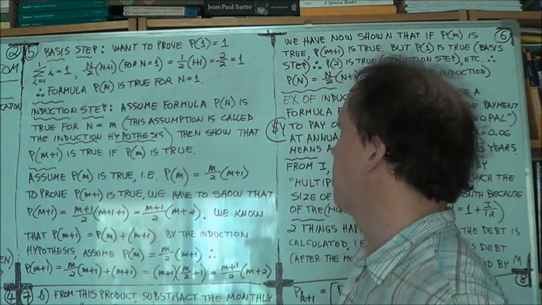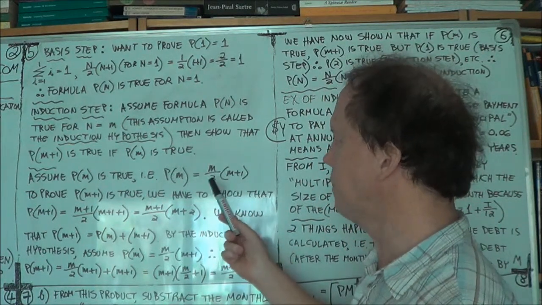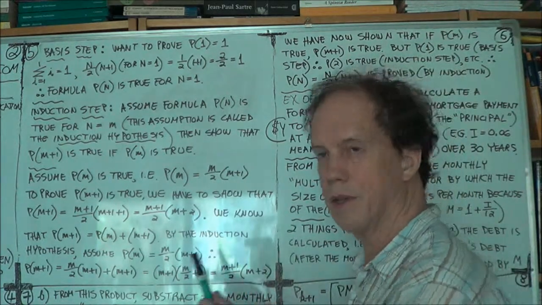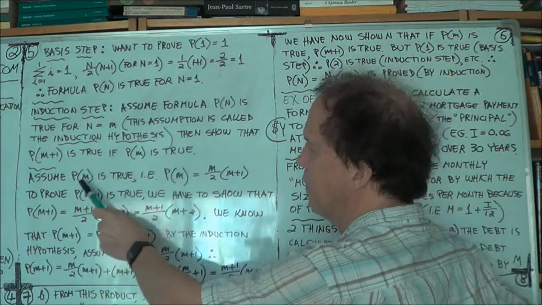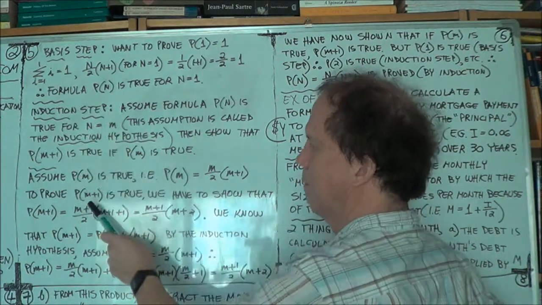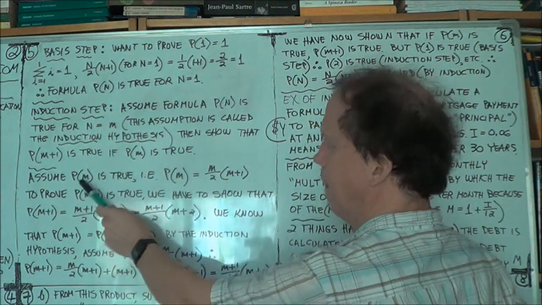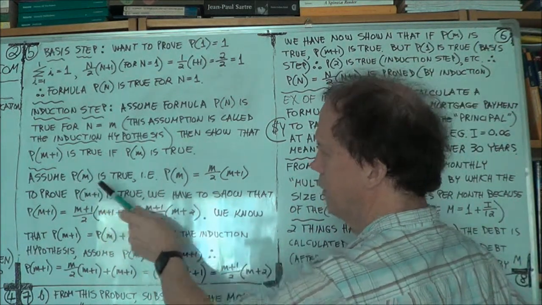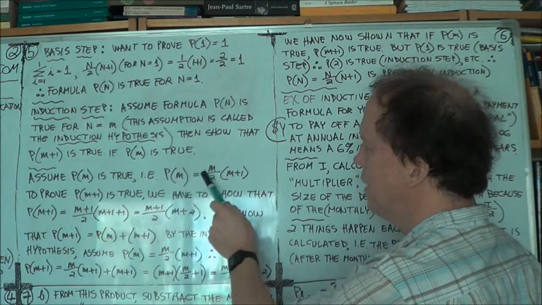Okay, so let's do it concretely now with the actual math. The induction step, second step: we'll assume that this P of m is true. In other words, the formula for this is true. In other words, P of m equals this.